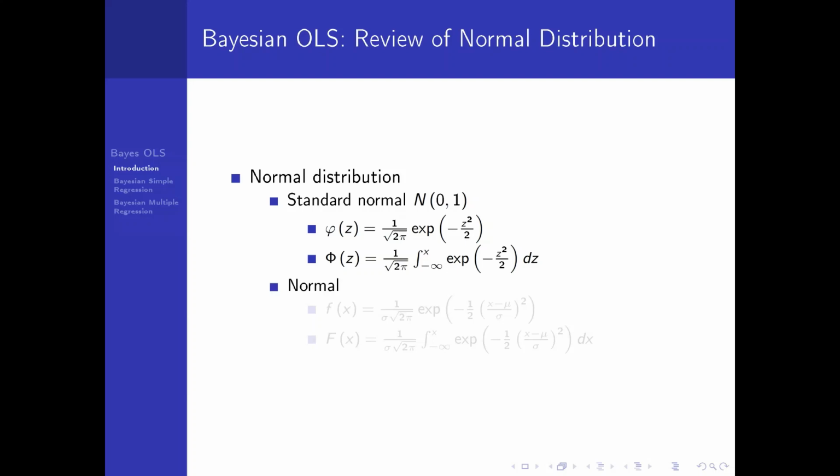So what is a normal distribution in general? Normal distributions do not have such special parameters, such as a mean of 0 and a standard deviation of 1.